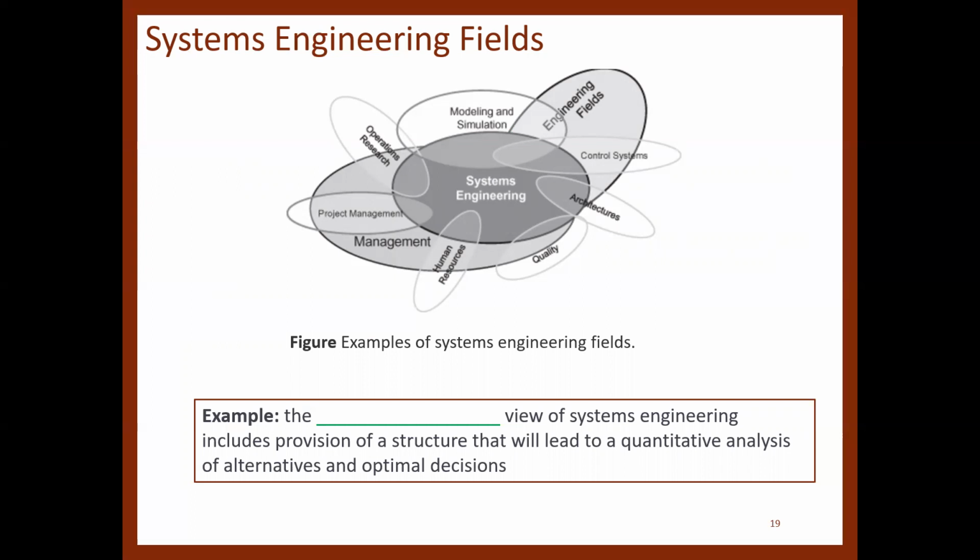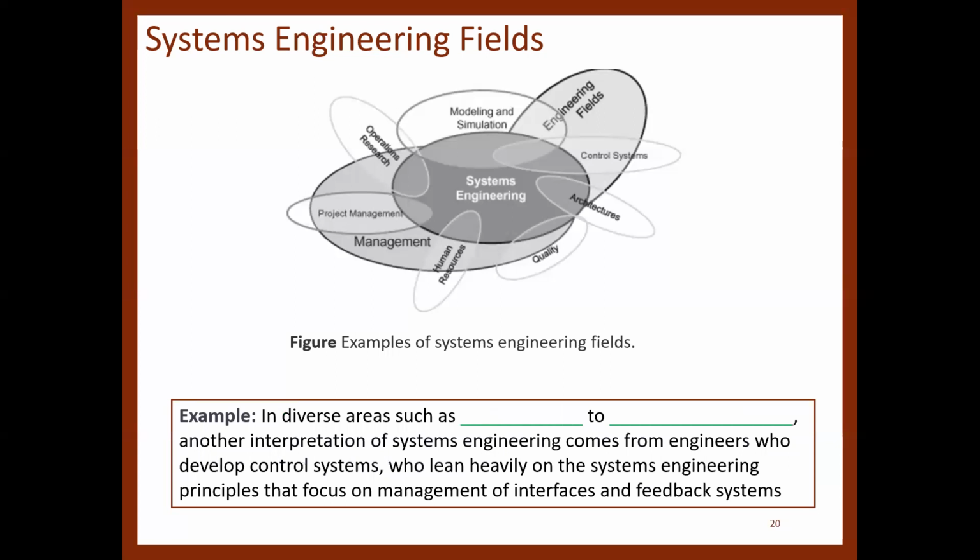So we have operations research, project management, human resources, quality control, architecture, control systems, and modeling and simulation. The operations research view of systems engineering includes provision of a structure that will lead to a quantitative analysis of alternatives and optimal decisions.